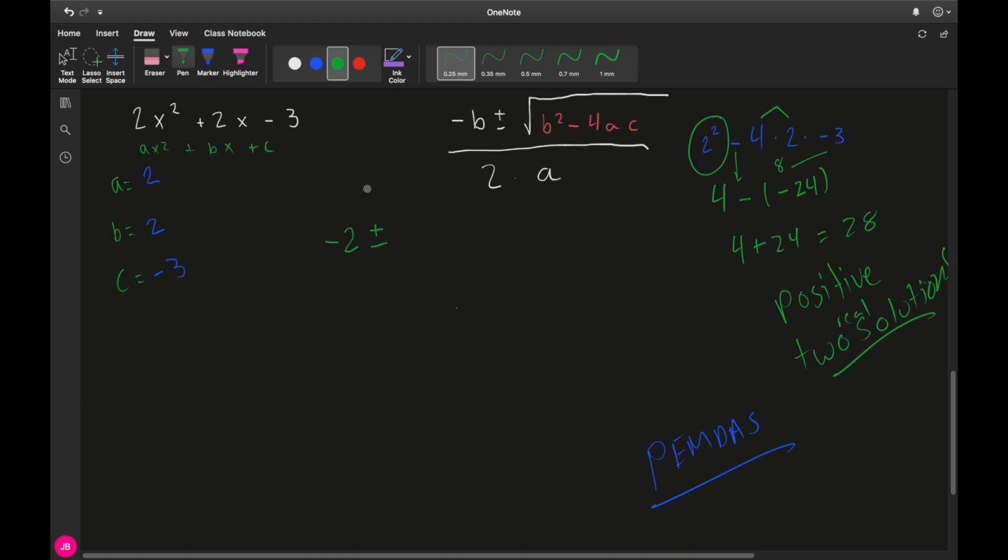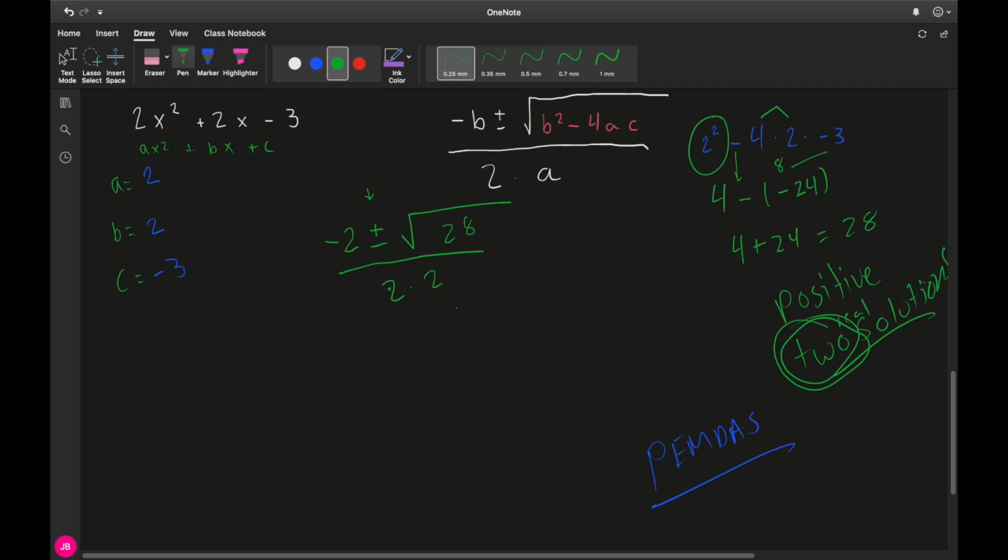Now, what is the reason for this plus or minus? I'm going to use this equation twice. One time I'm going to add, and the second time I'm going to subtract. So negative 2 plus or minus the square root of the discriminant, which we already found is 28, divided by 2 times a, which is 2.